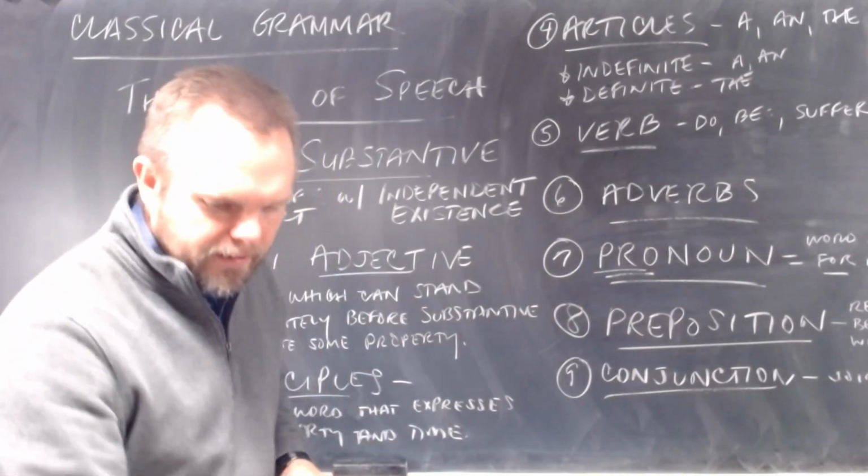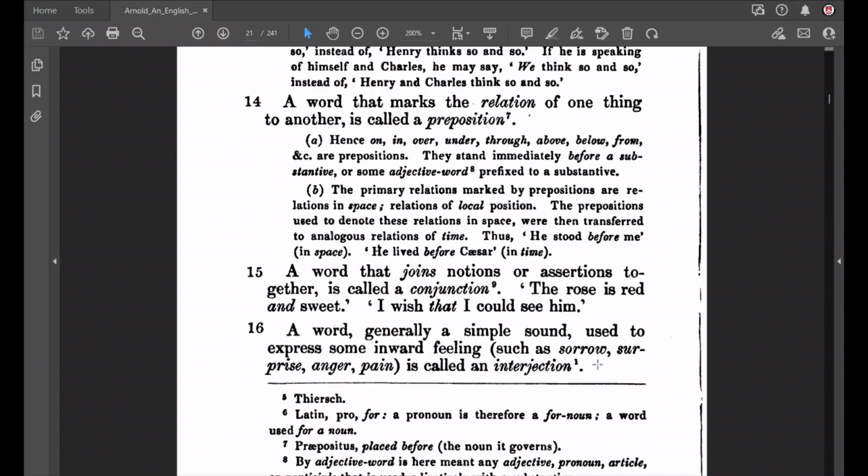Paragraph 16, we learn another part of speech, the 10th part of speech in English. You see the word interjection, a word, generally a simple sound used to express some feeling. A word used to express some feeling, often a simple sound, just an expression of emotion, like whoa, hey, ouch.